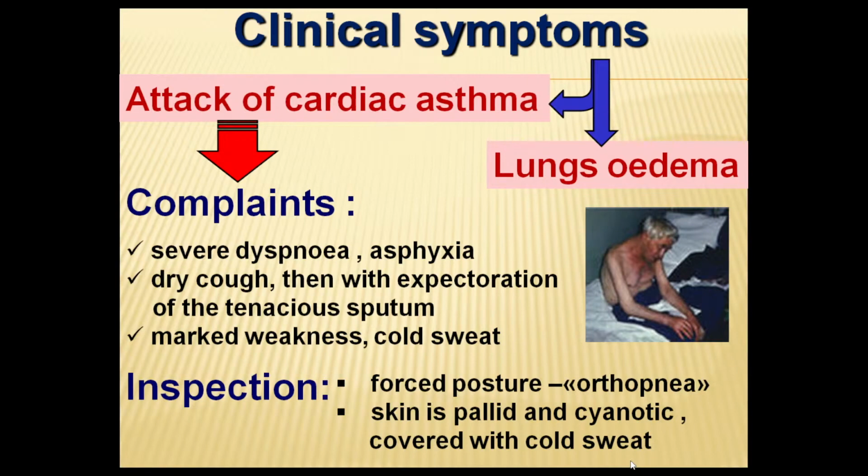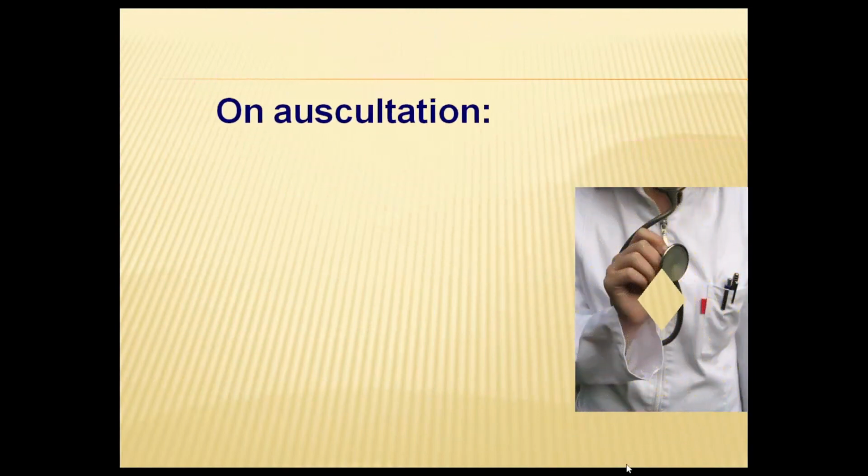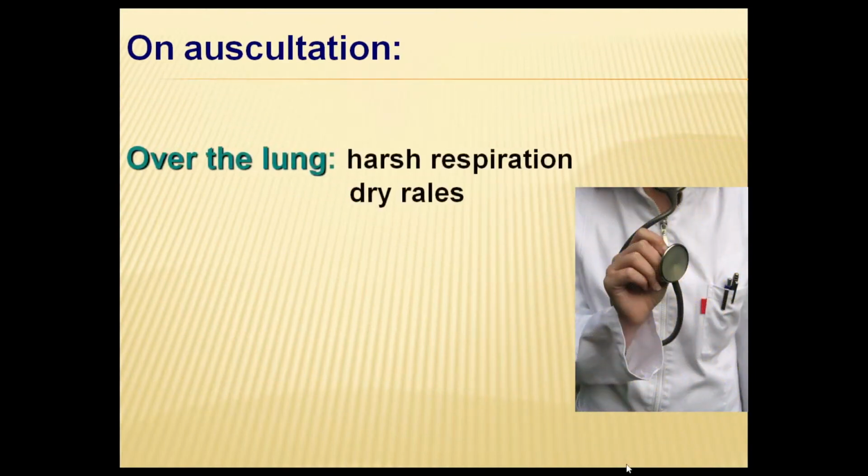Visible signs of acute left ventricular failure. The patient calls you due to severe dyspnea, asphyxia, and progressive weakness. You see the first posture, cyanosis, and cold sweat. On auscultation over the lungs, you will hear rough respiration, maybe some dry rales due to the viscous sputum in the bronchi.